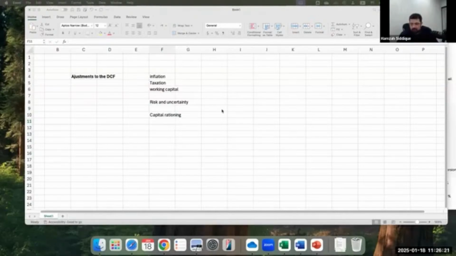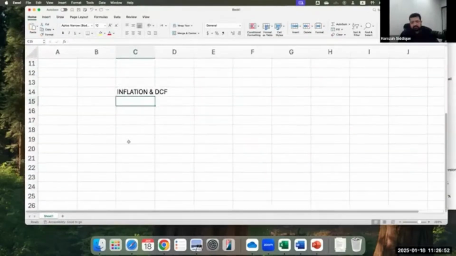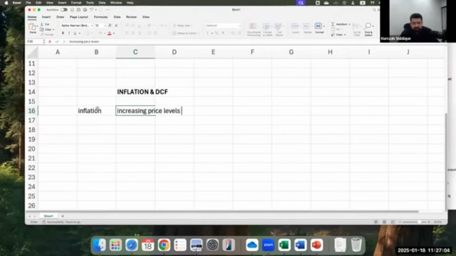Students, when we talk about inflation, what is inflation, by the way? Inflation is increasing price levels.